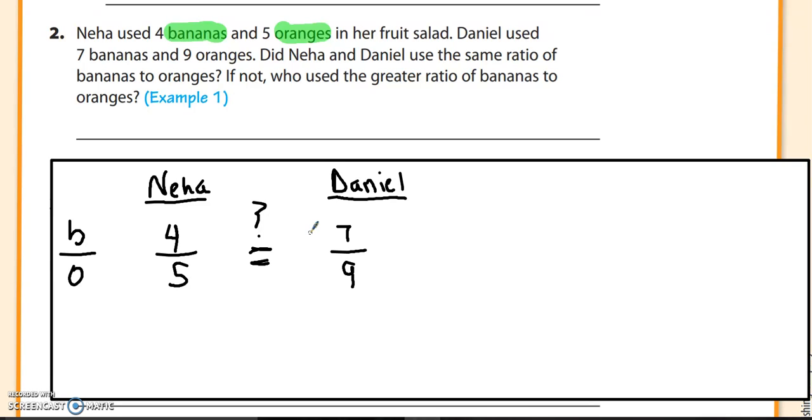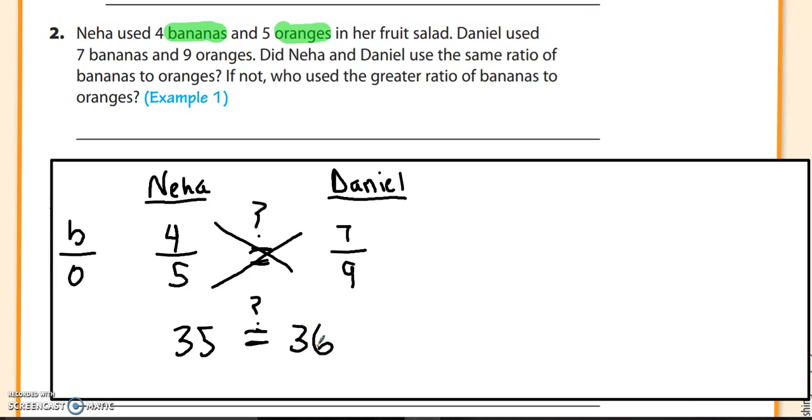There are various ways to solve this, but one really, really quick way would be to use cross multiplication. Remember from Moby that cross multiplication states that if you multiply diagonally in equivalent ratios, the products going both directions would be equal to each other. 5 times 7 is 35, so I'm going to write 35. I'm going to write question mark, equal sign, and 4 times 9 is 36.